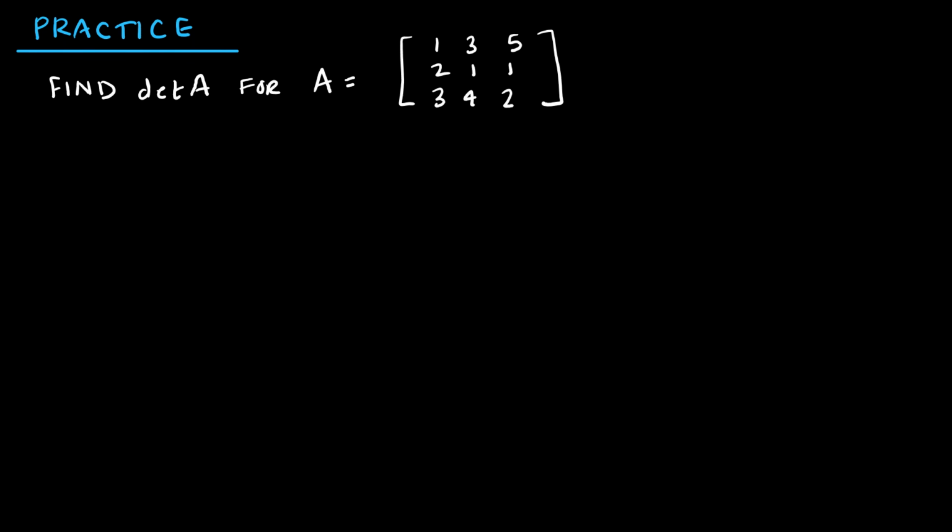Here's one for you to try on your own. Again, use those same steps to find the determinant of A for this matrix A. When you feel satisfied with your solution, press play to see how you did.